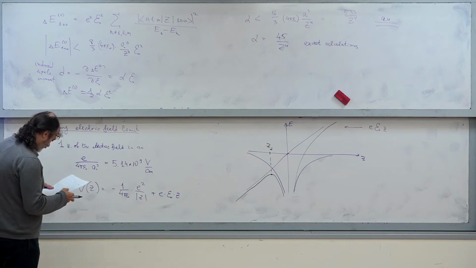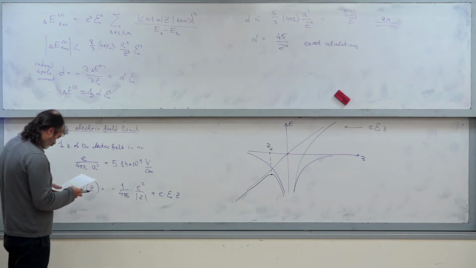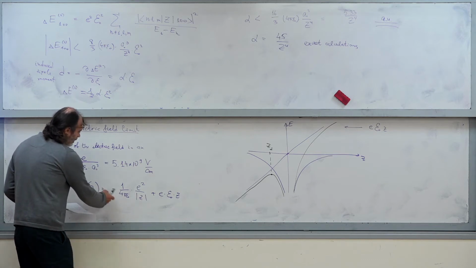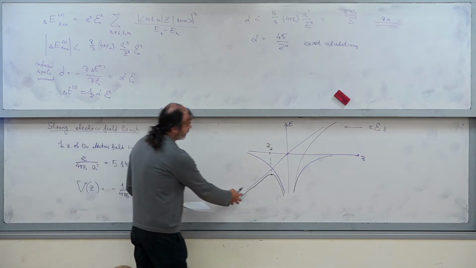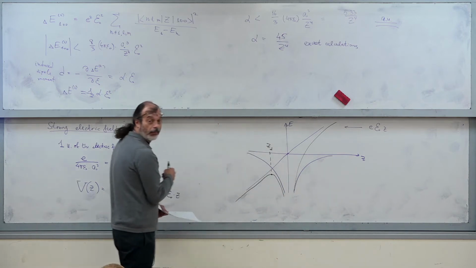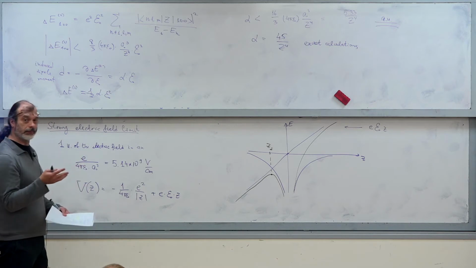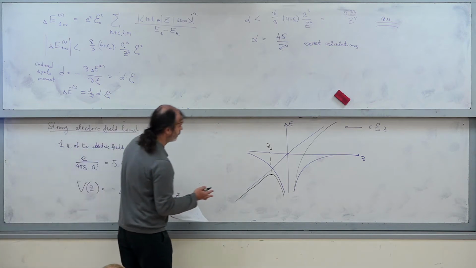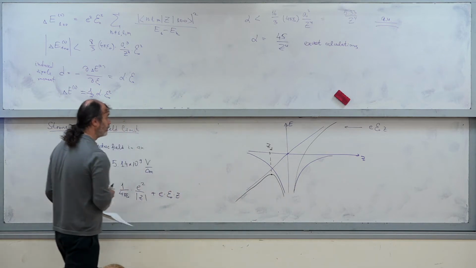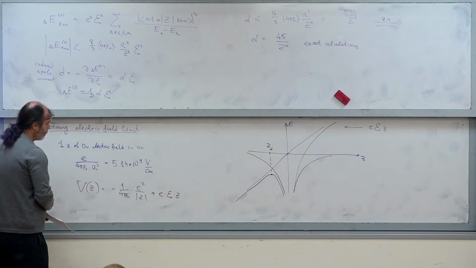This minus is just because we consider the negative Z part. We know that the saddle point that we are looking at exists at a negative position of the coordinate.